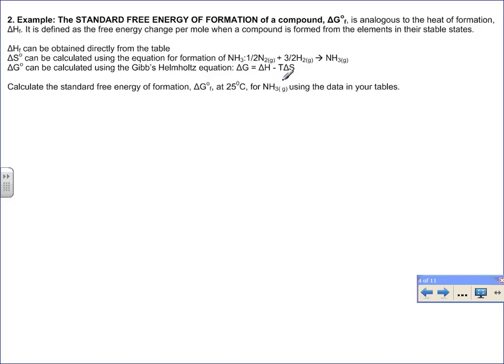So what we're trying to do is find the Gibbs free energy of formation for ammonia, which is the delta G naught for this reaction.